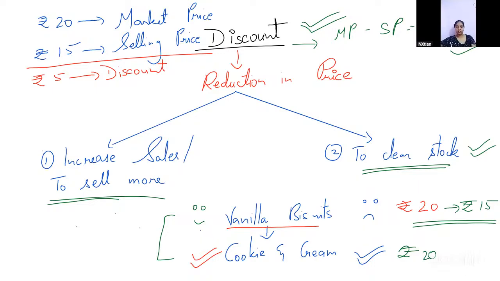The price at which you are selling it after reducing is your selling price. Then the difference, the total amount that is reduced, is known as the discount.